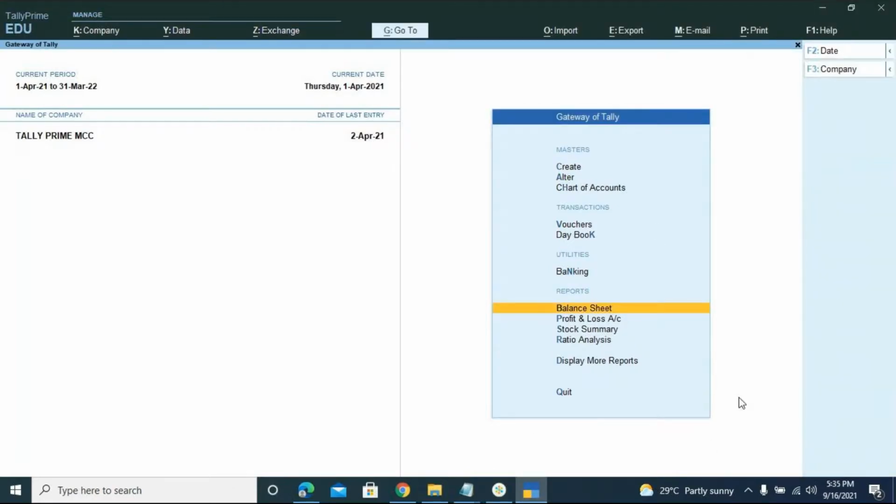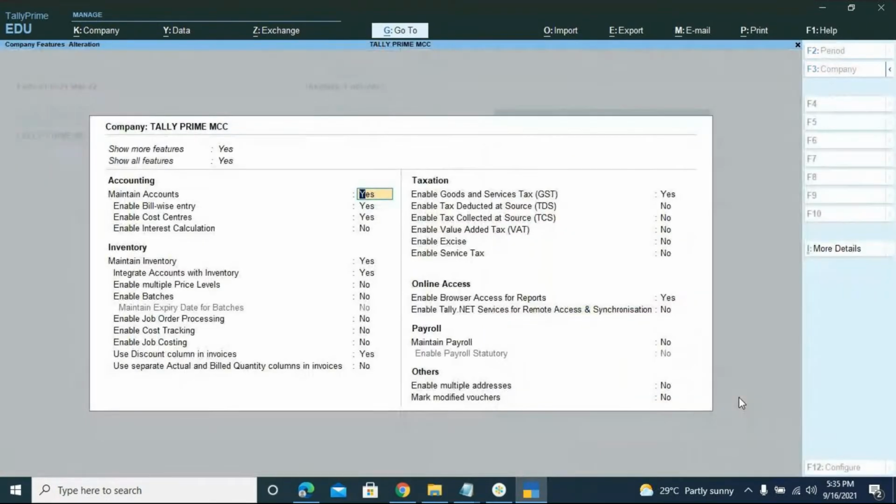Now in Tally, let us pass one entry based on TDS. Shall we? We'll have a small discussion. We can update the TDS or TAN details even in Tally software. In the company features, if you press F11, please all of you press F11, here you have Enable TDS on the right hand side.